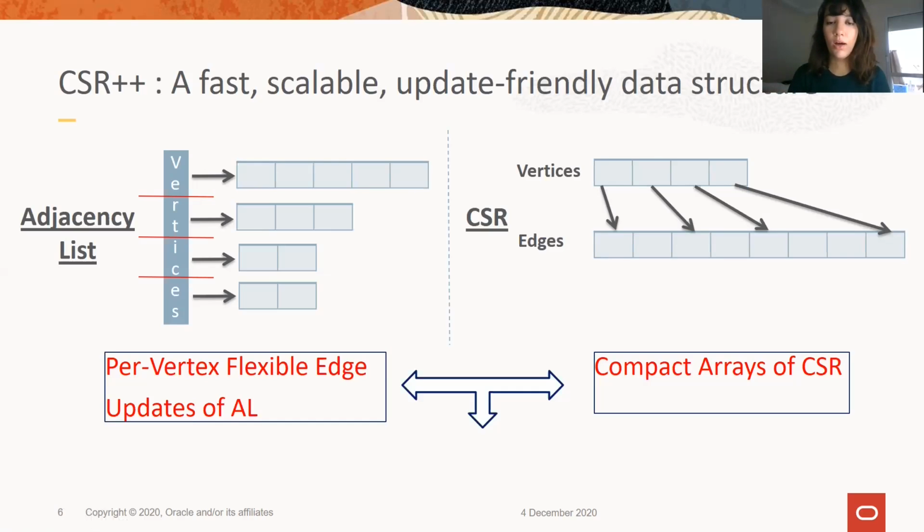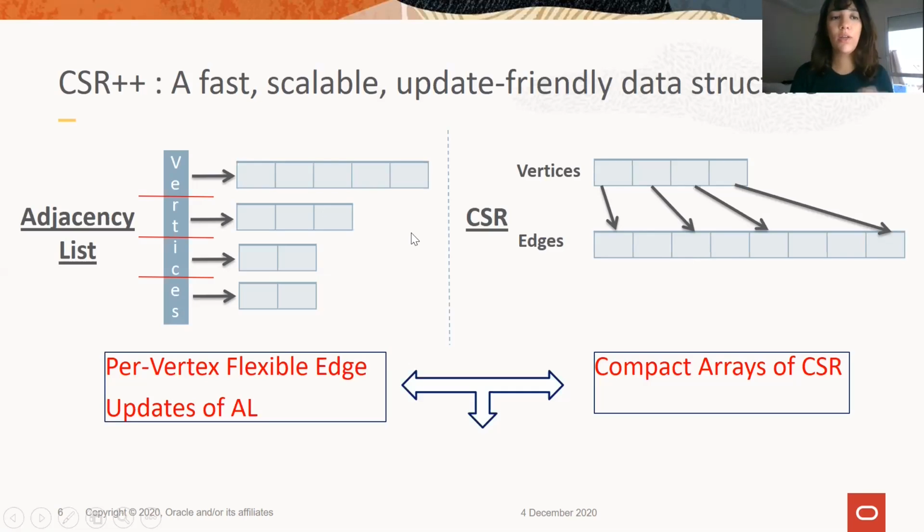On one side, CSR is very fast, since we have a compact format and fast array-indexed access. It's more cache friendly and allows for better locality.